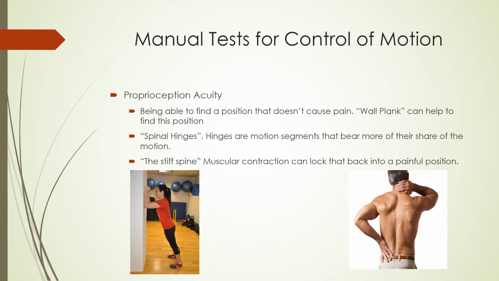So whether it's like in the picture here where she's pretty much at 90-90, or whether you need to go up a little further or down a little further on your elbows, depending on where your pain is and what gets rid of the pain. Spinal hinges are hinges of motion segments that bear more than their share of the motion, which is also very painful. And then the stiff spine is a term for muscular contraction that can lock the back into a painful position.